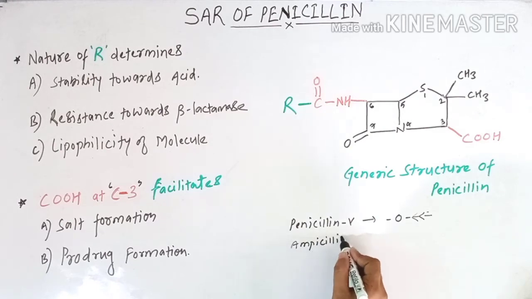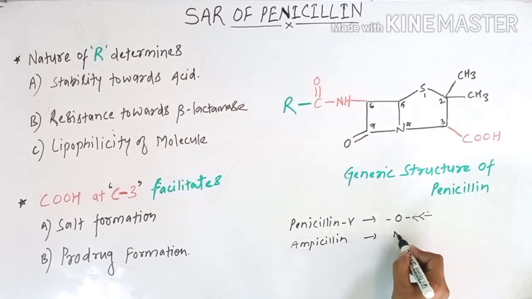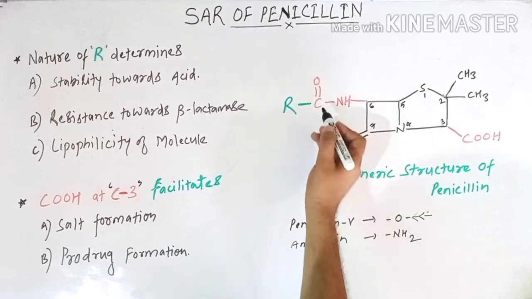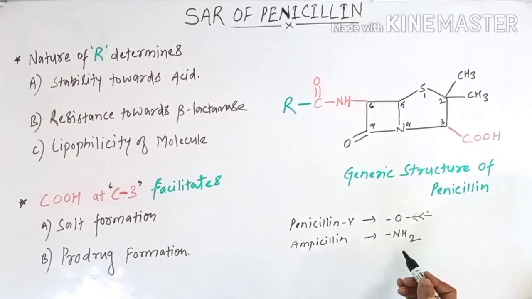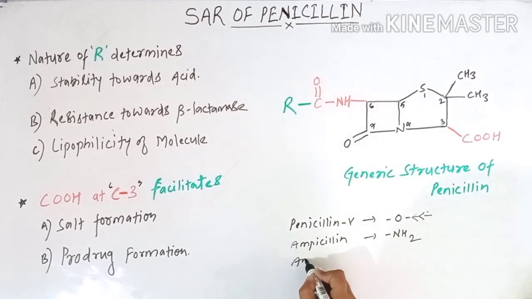In ampicillin we have introduced an amino group, and the amino group contains nitrogen which is also electronegative. So this nitrogen or amine group also pulls the electrons of this carbonyl carbon towards itself and provides acid stability. And the third one is your amoxicillin.